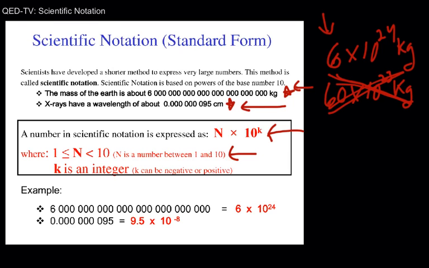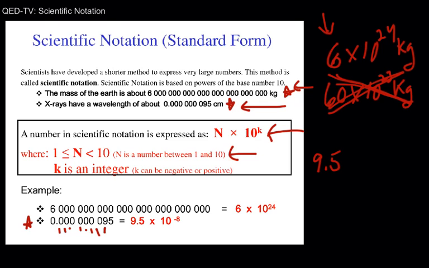Now look at this next one. I still start on the left side and go all the way over till I get to my first significant digit, and that's a 9, but then there's another one behind it, 9.5. So I'm going to do 9.5. That's where I'm going to move the decimal to, and I need to count how many digits I move the decimal over. 1, 2, 3, 1, 2, 3, 4, 5, 6, 7, and then I put the decimal behind the 9, so I count the 9 also.